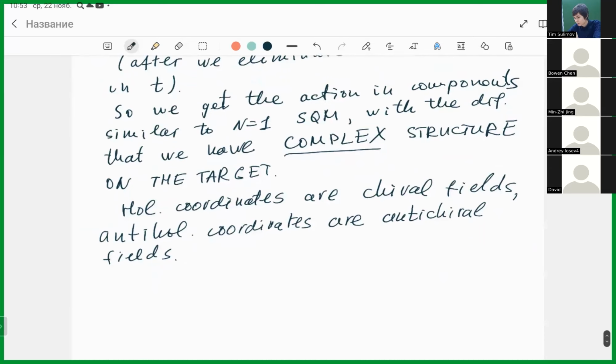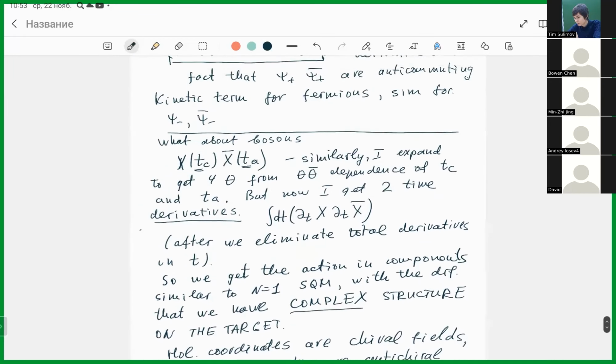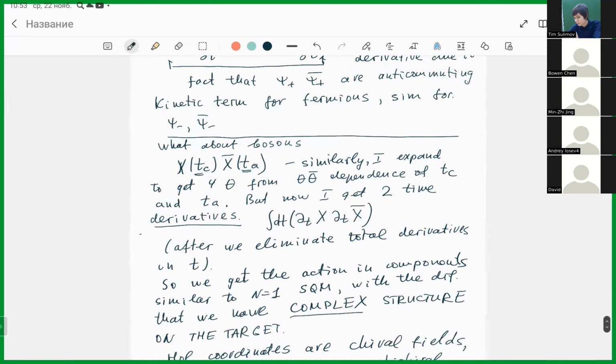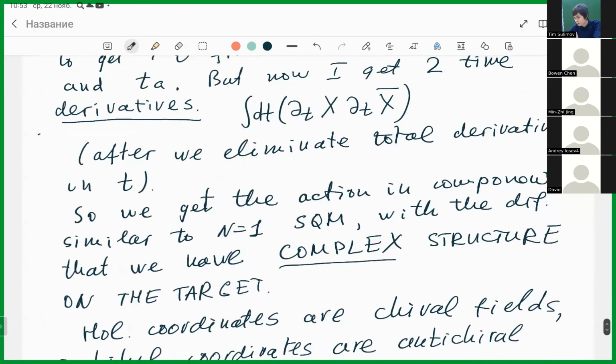Now there is a last thing I want to say. I have a question. Yes, please. What about n equals 1? Couldn't we have introduced chiral and antichiral fields there as well by the same definition?